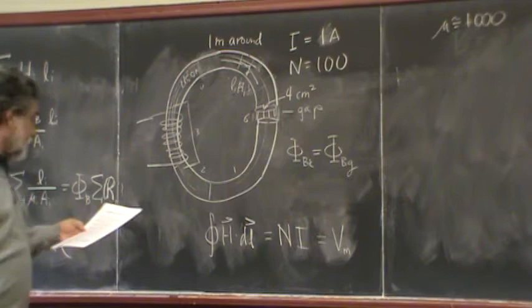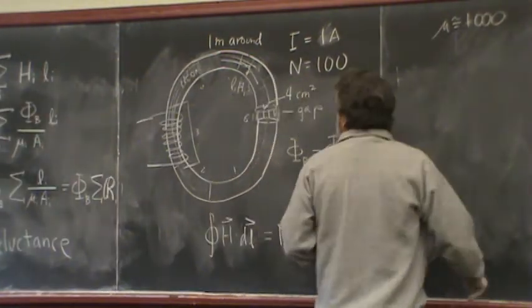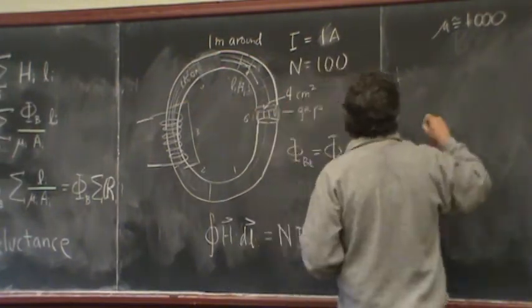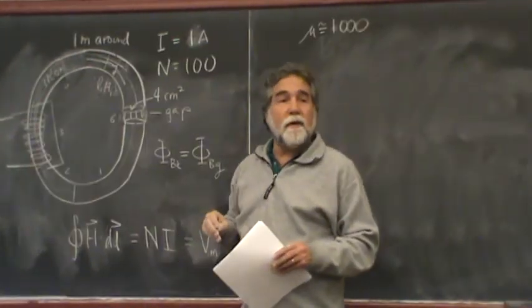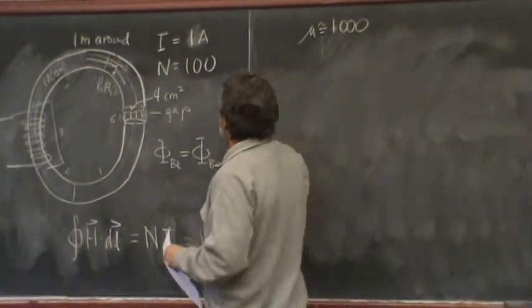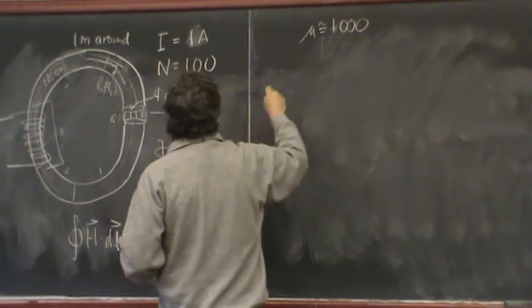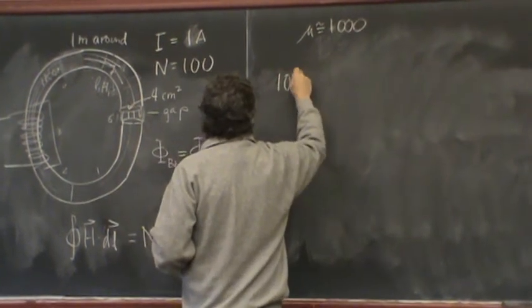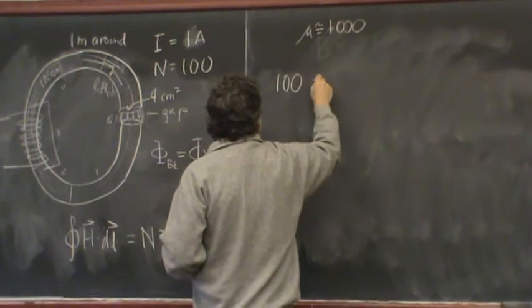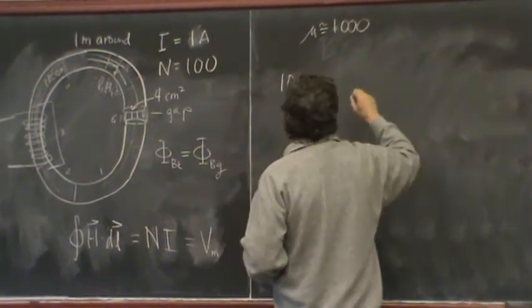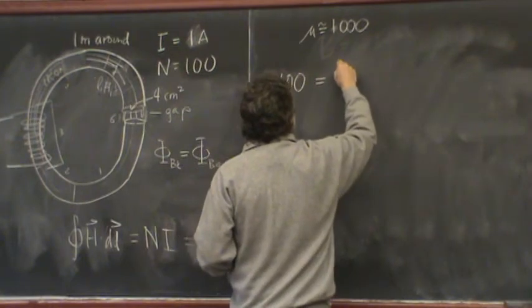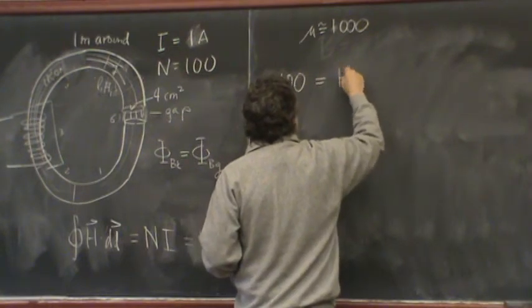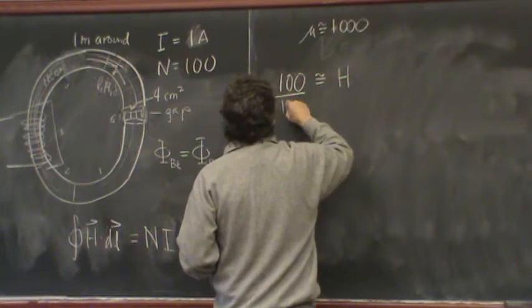All right. So, come back over there. The magnetomotive force, that is N times I, which is 100. And H is going to be approximately 100 over 1 meter.